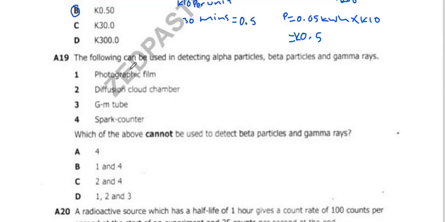Sorry, I was thinking of the photographic film. The photographic film can be used for all three of them. Whilst the spark counter cannot be used for beta particles, but can be used for gamma rays, but not beta particles. So therefore, the correct answer is the spark counter, which is A.